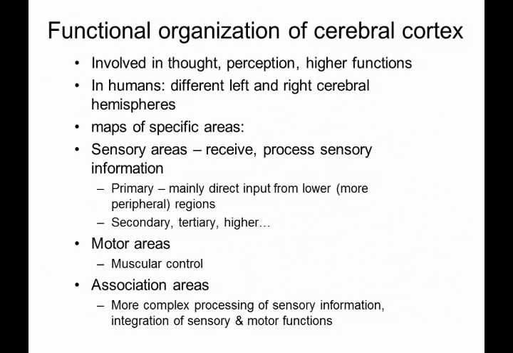And we separate 3 different areas that are mostly relevant. One is the sensory areas. That's for receiving and processing sensory information. These are always going up for the primary and the secondary, maybe tertiary. The primaries are the ones that directly get the input from lower regions. So I've got the primary auditory cortex, primary visual cortex, and so on, always the primary cortices. The secondary ones are the ones where the primary radiates to, tertiary even further, and so on.